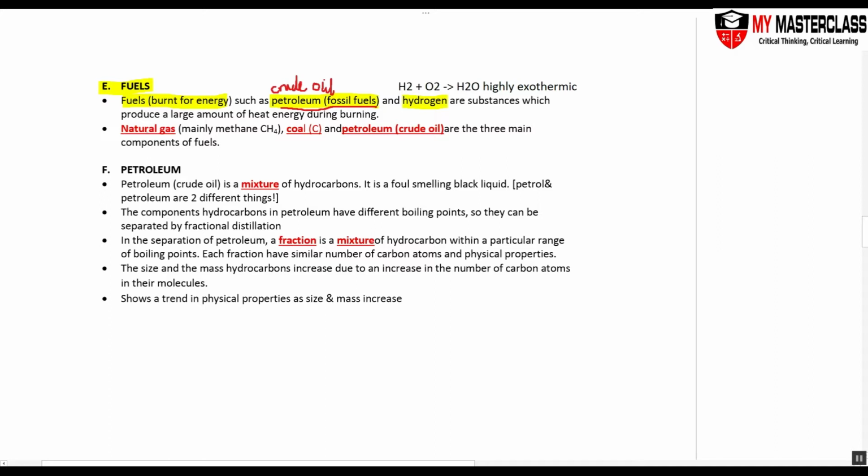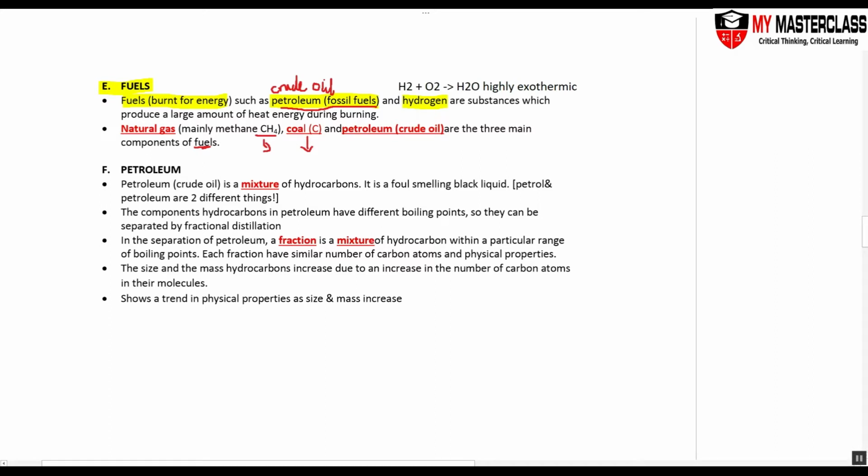Now, common components of fuel. When we talk about fuels, there is natural gas, methane, CH4, which we can also burn for energy. Coal is the black stuff that you dig out from the soil, and you use it for barbecue.